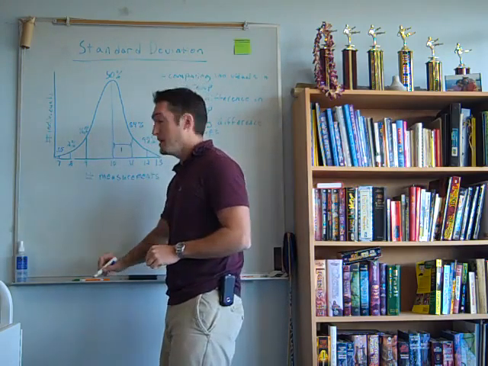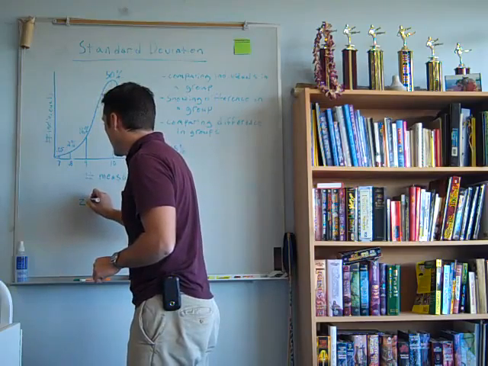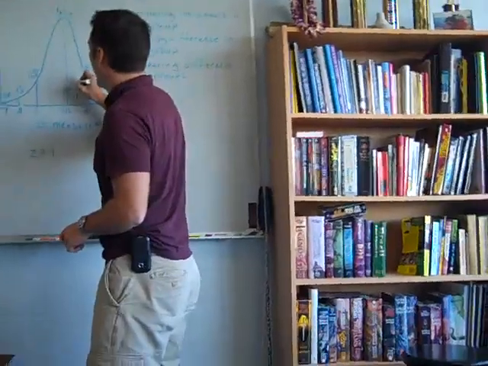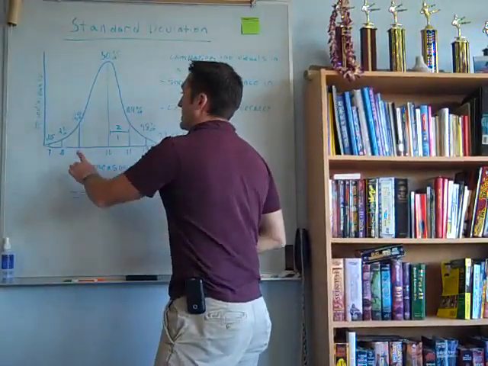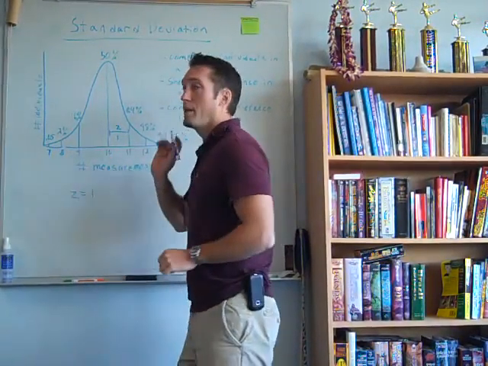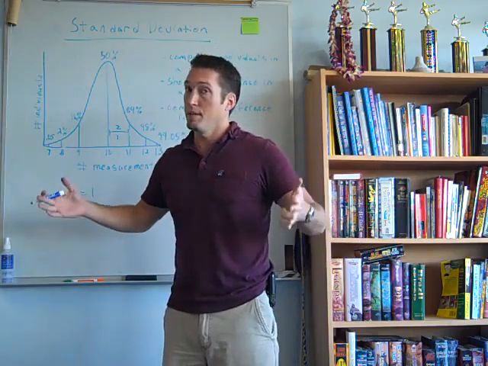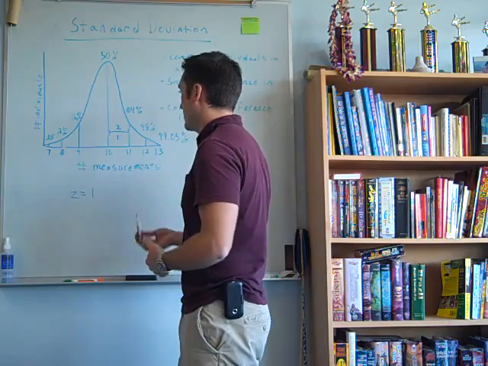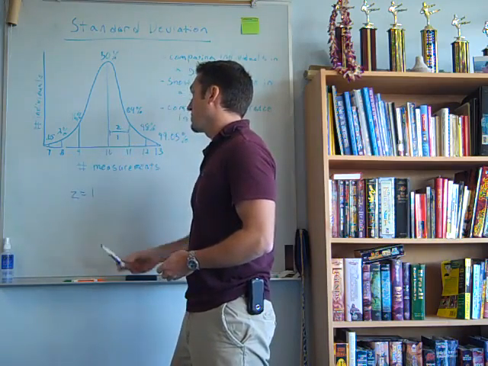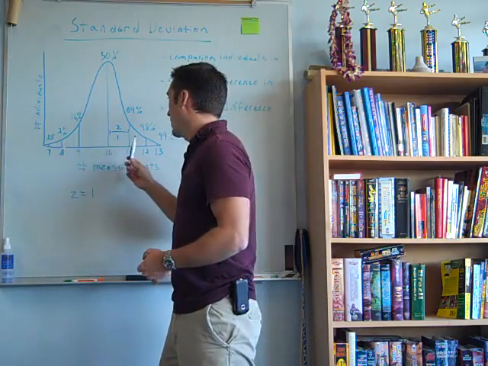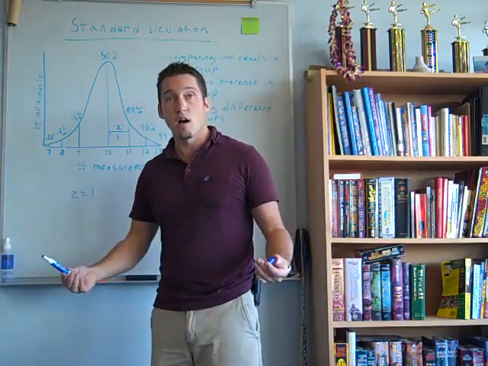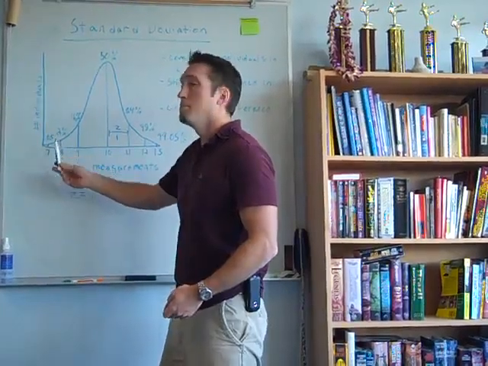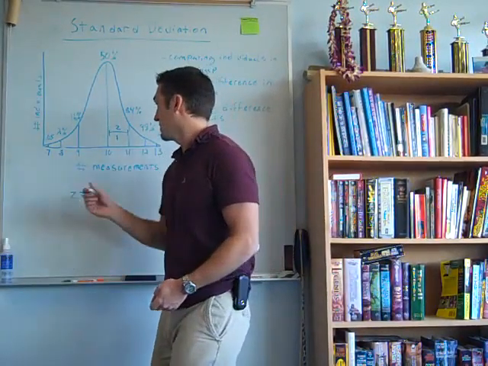What we call that is a z-score, so z equals 1. The difference between all of these measurements is 1. It doesn't have to be 1, but according to the calculations that we did in this case, it's 1. So we have 1 here, 1 here, 1 here. Every time it changes by 1, we're moving a standard deviation.